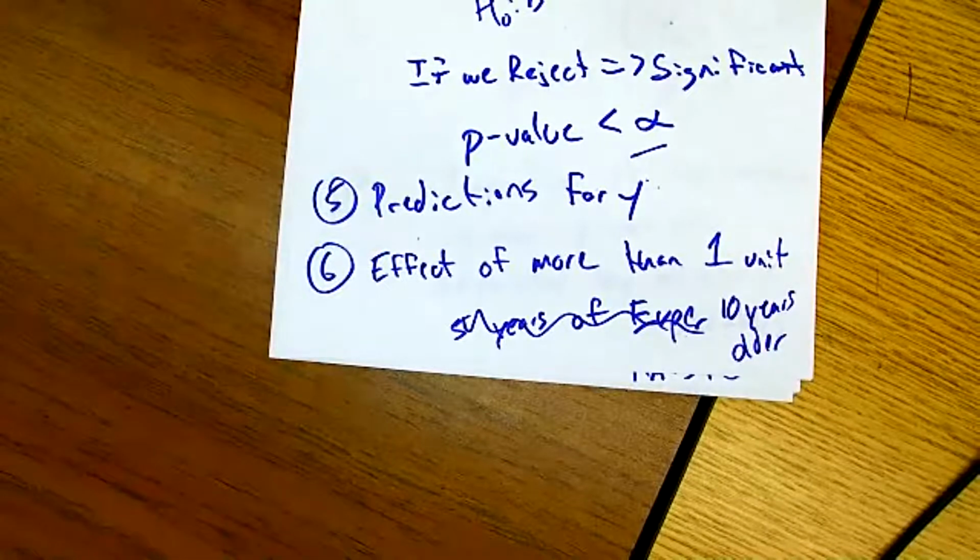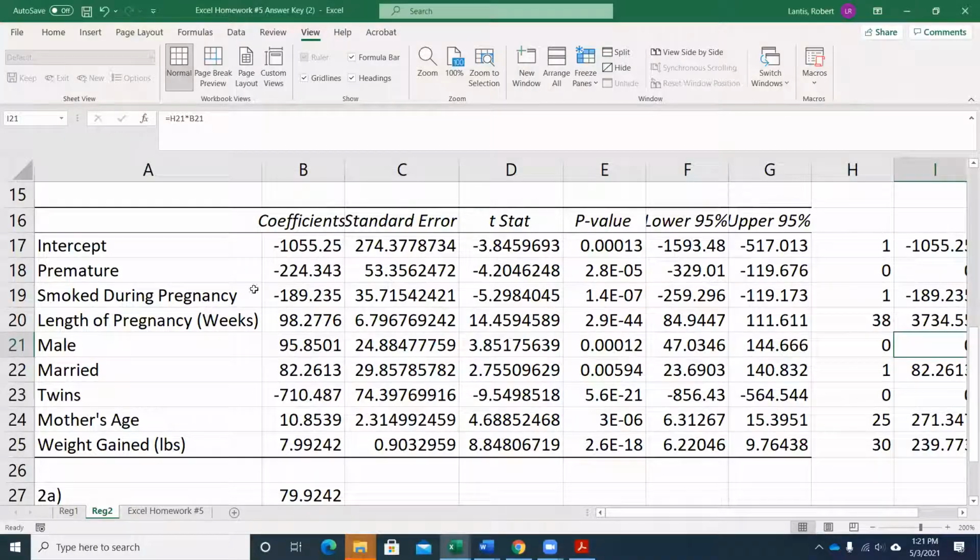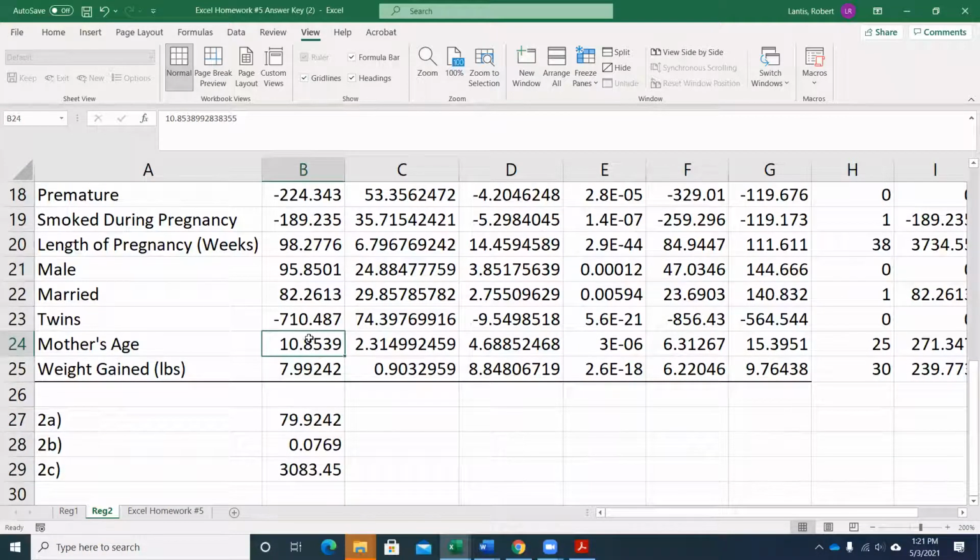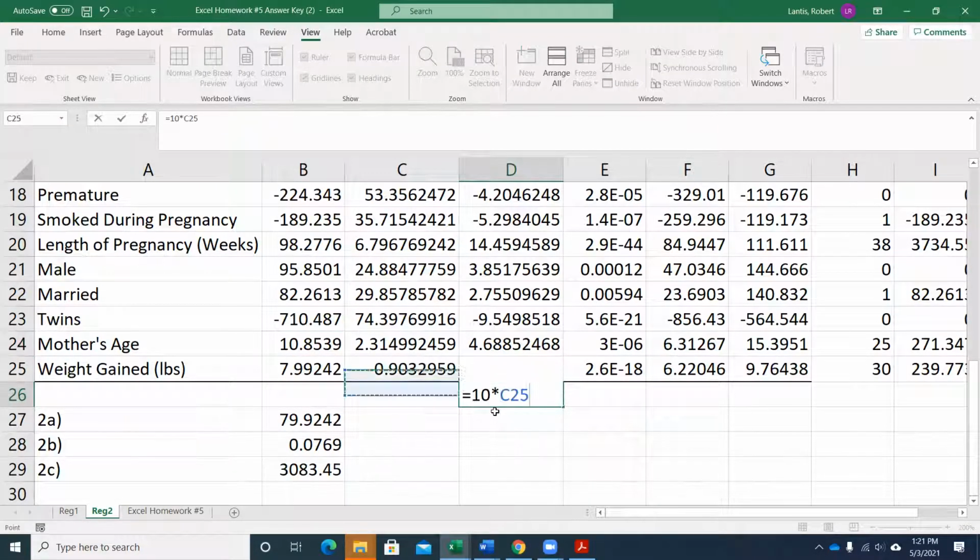Well, if I look at that regression output, all of these coefficients tell me the effect of 1 unit, right? So if I look at the mother's age, the effect of being 1 year older increases birth weights by about 10.8 grams. Right? So if I want the effect of being 10 years older, I would take the effect of 1 year and just multiply it by 10, right?